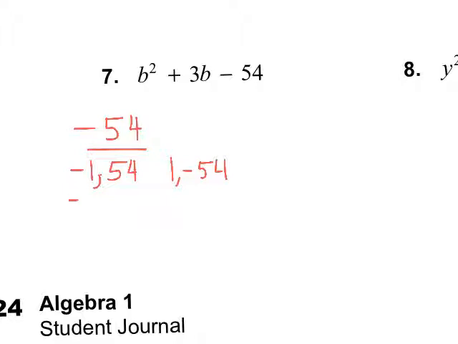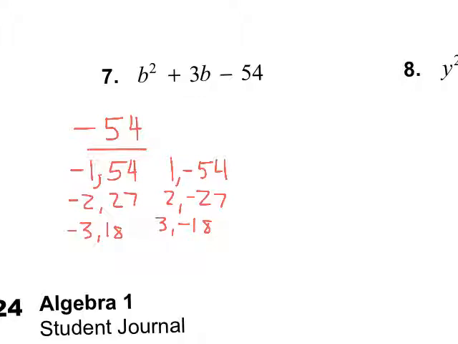So we have -2 and 27, and then 2 and -27. 3, does 3 go into 54? 3 and 18, yeah. -3 and 18, or 3 and -18.